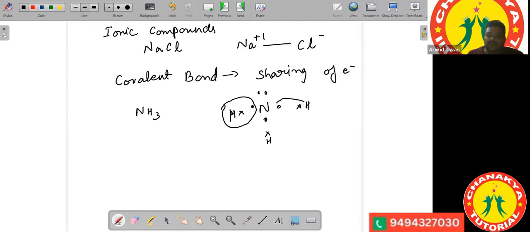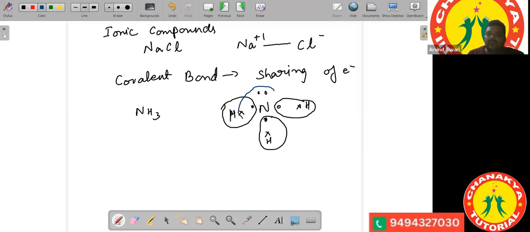In this way, this hydrogen will also bond like this. Here, this hydrogen will also bond like this. So we can see that the outermost shell of the hydrogen is fully filled. In the similar way, the electrons which belong to hydrogen are now shared with nitrogen also.